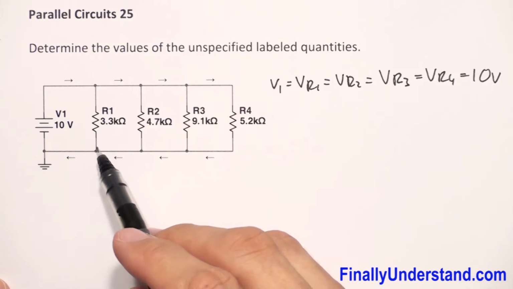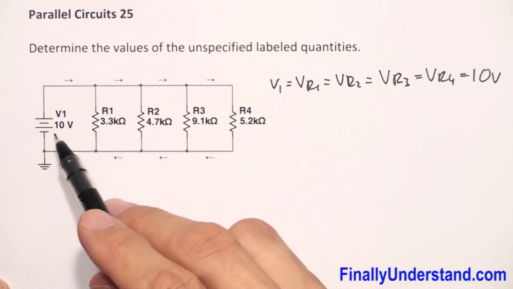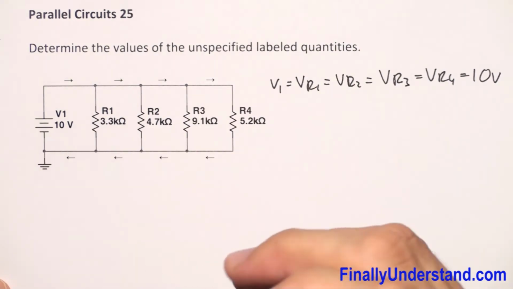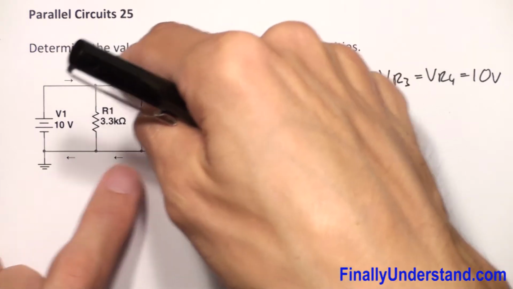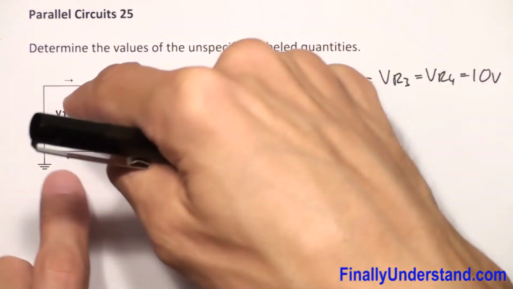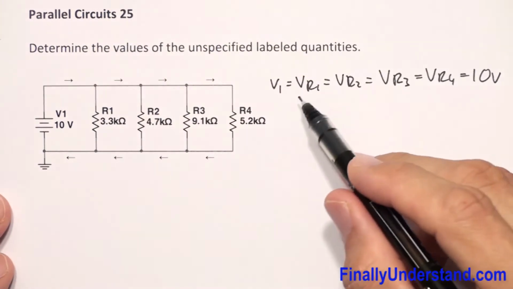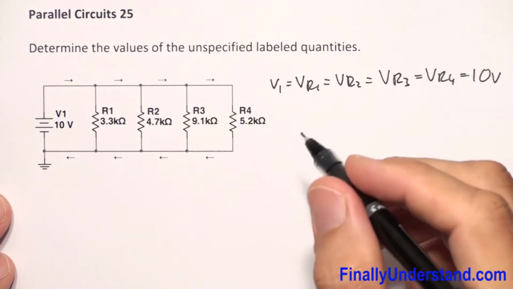Why? Because all resistors are connected directly across the voltage source. R1 is connected directly to the voltage source, R2 as well, and R3 and R4. That's why we say that the voltage across each resistor is equal to the voltage source.